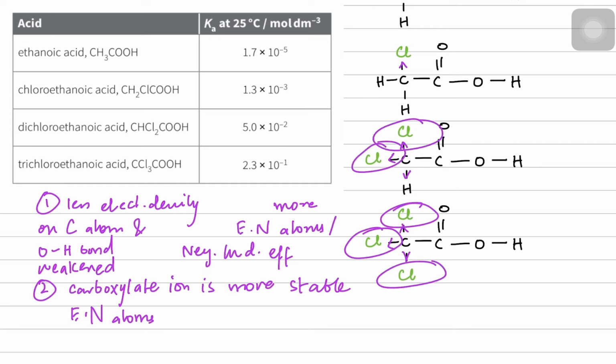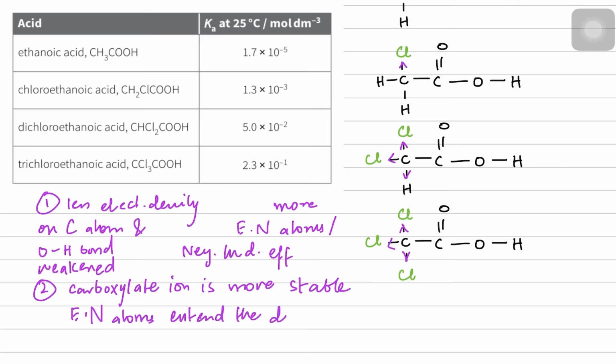So when there are more electronegative atoms, you can talk about the weakening of the OH bond, and you can also talk about the carboxylate ion being more stable because of the extension of the delocalization on the COO minus ion.